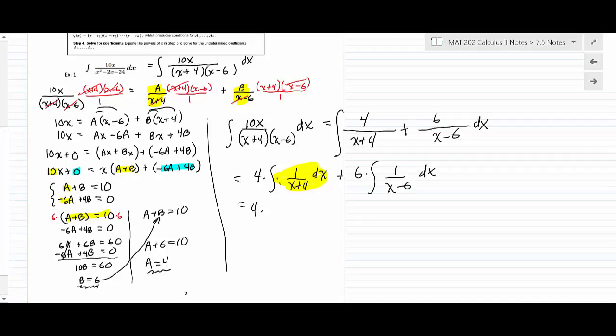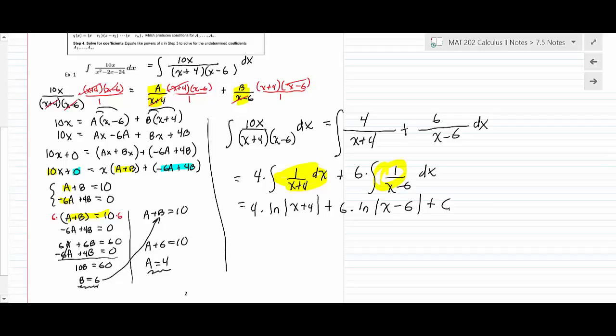That is an ln integral. You don't have to use substitution on that, and you can check that pretty easily. So that's what you get. Then the next one, the 6 comes down, and this integral right here, same idea. That's going to be ln of absolute value of x minus 6 plus c, which is an okay answer.